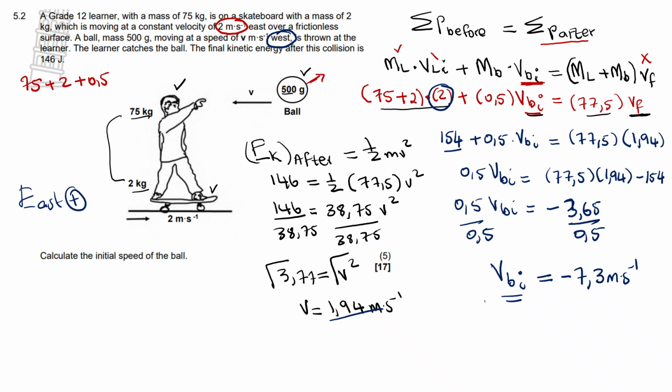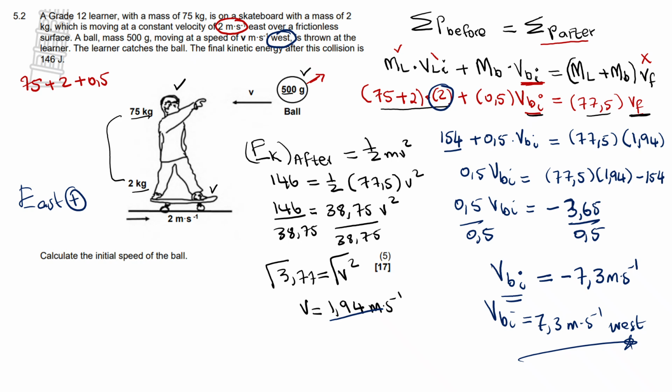So therefore we can say the VB initial equals 7.3 meters per second. And where is this going? To the west. Right, and that's how we answer this problem.